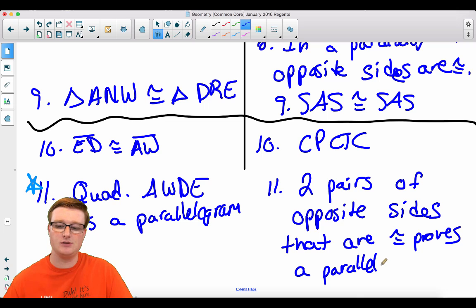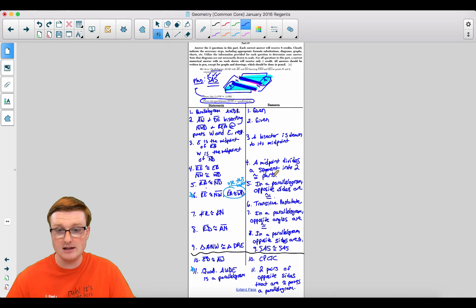So, two pairs of opposite sides that are congruent, that proves a parallelogram. And that, ladies and gentlemen, is your entire proof. If you lost me, now you probably can't even see that on your computer screen. But if you need to go back at all, please do so and just take it slowly and rewind.